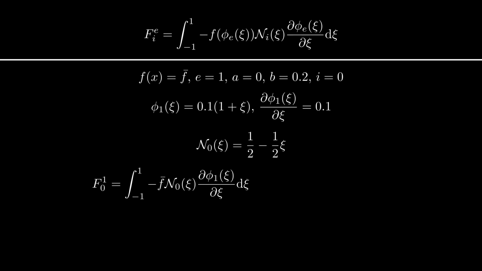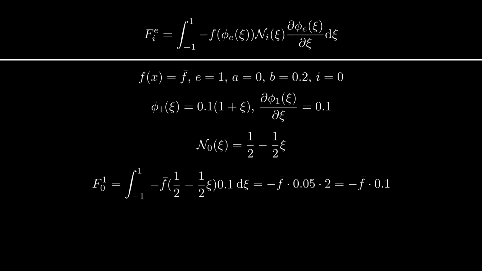By substituting everything into the integrand, we find that the integrand is minus f bar times (1/2 minus 1/2 xi) times 0.1. Then we apply Gaussian quadrature by evaluating the integrand at xi equals 0 and multiplying the result by 2. And the integral computes to minus f bar times 0.1. This is again in agreement with the element vector that we have computed earlier in this video.